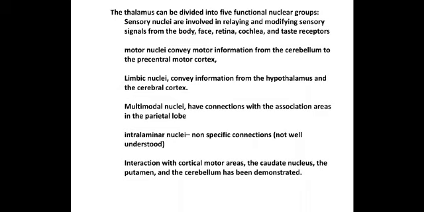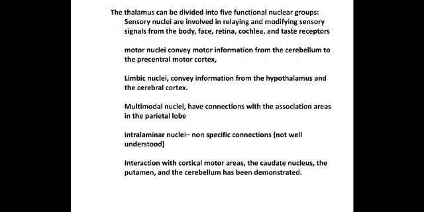If you generally know the functional nuclear groups, the sensory nuclei are involved in relaying and modifying sensory signals from the body, face, retina, cochlea, and taste receptors. The motor nuclei convey motor information from the cerebellum to the precentral motor cortex. The limbic nuclei convey information from the hypothalamus and cerebral cortex.